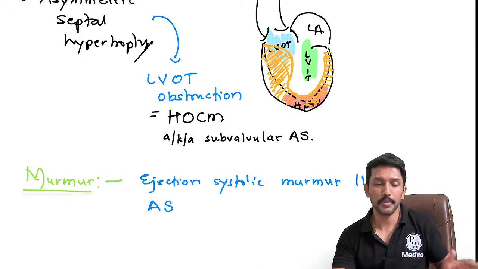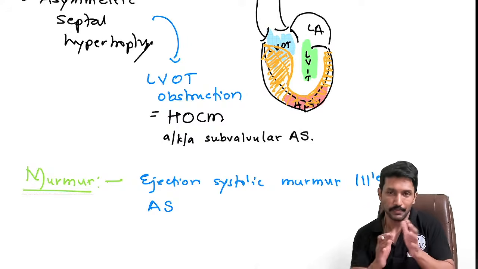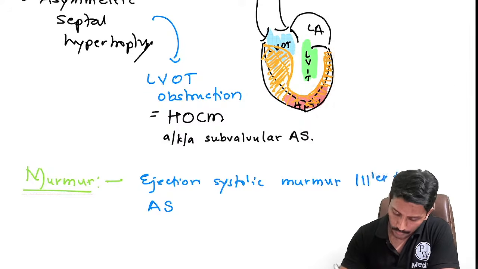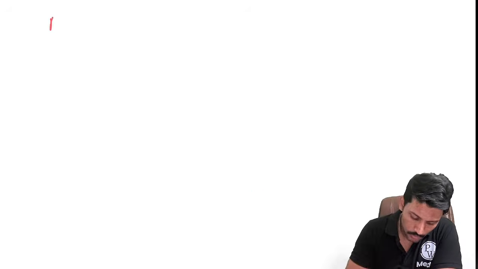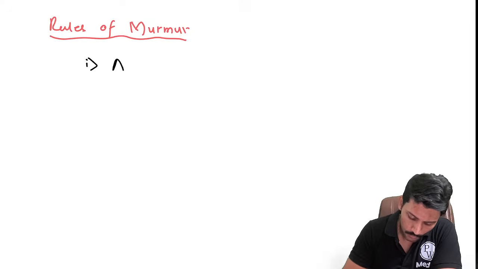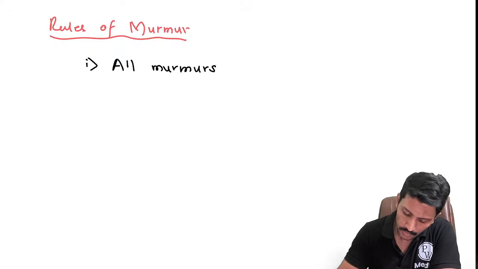But what helps me differentiate the aortic stenosis murmur from the HOCM murmur are two conditions. Remember, there are some rules or dictums of murmurs. The first rule I want you to remember is all murmurs increase on increasing venous return.